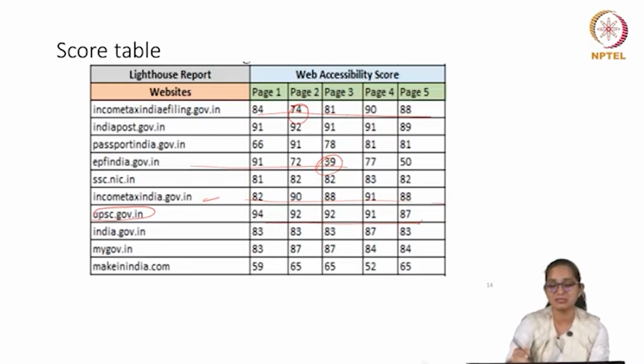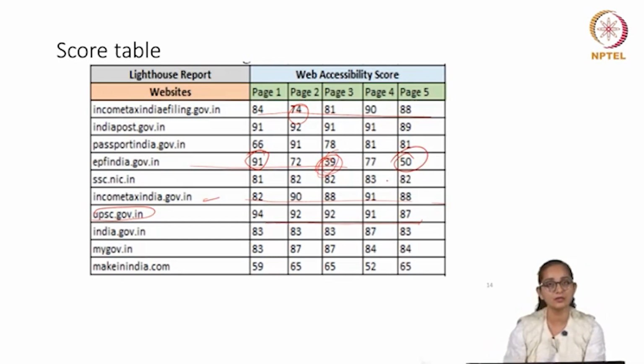For example, page 3 has the lowest score, let's look at this first. Index page seems to be accessible, let's leave it for the time being, but this page is very low, let's work on this, make it more accessible. Similarly, page number 5 in EPF India gov.in has a score of 50, which is very pathetic, so let's go and work on that one.